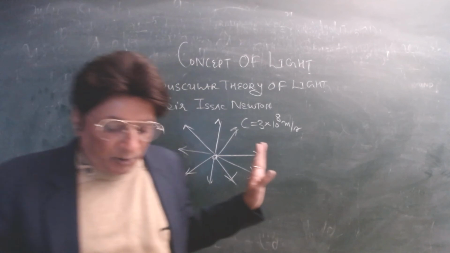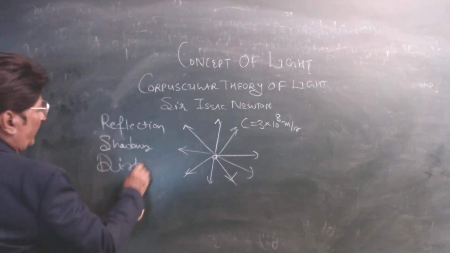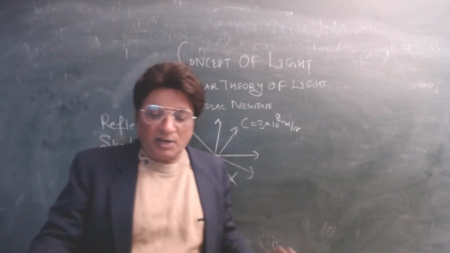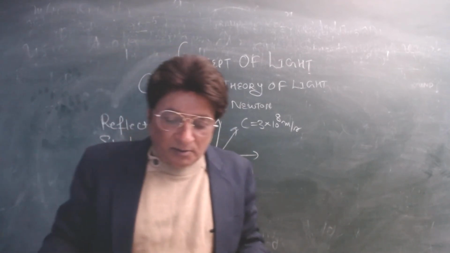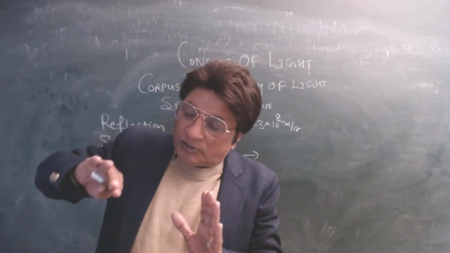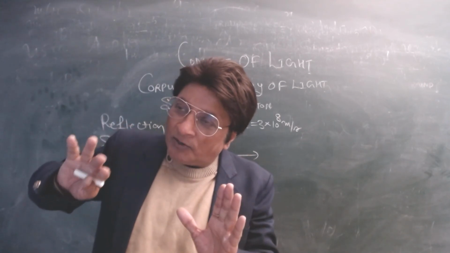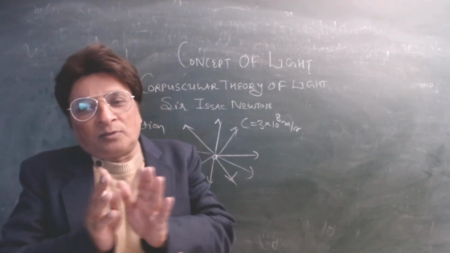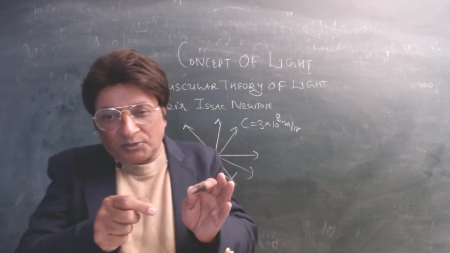So this is shadow. Then you ask about dispersion. Dispersion takes place when a number of corpuscle particles are bombarded on a system, and there is a collision with other particles, like an elastic collision in more than one dimension, like an elastic collision in 2 dimensions.